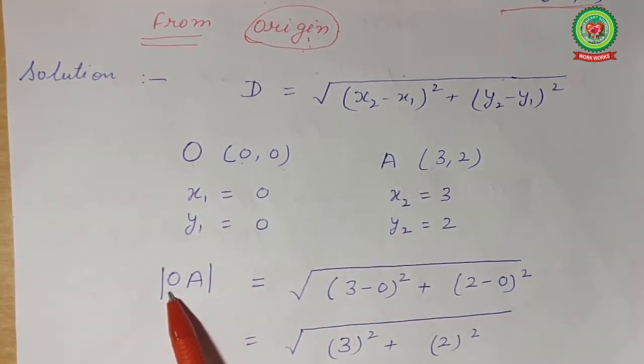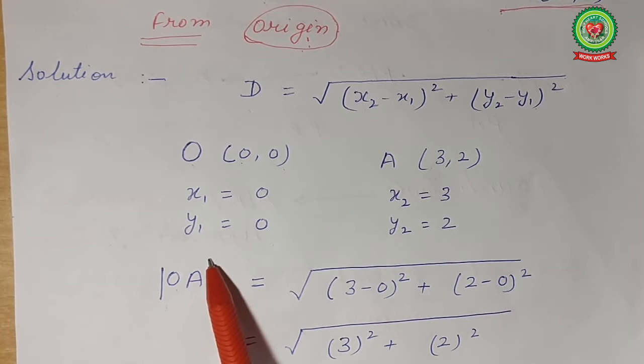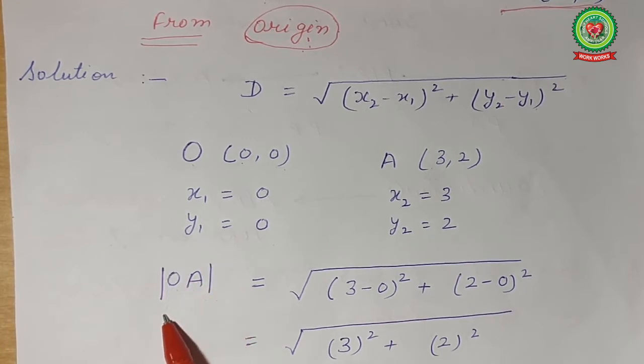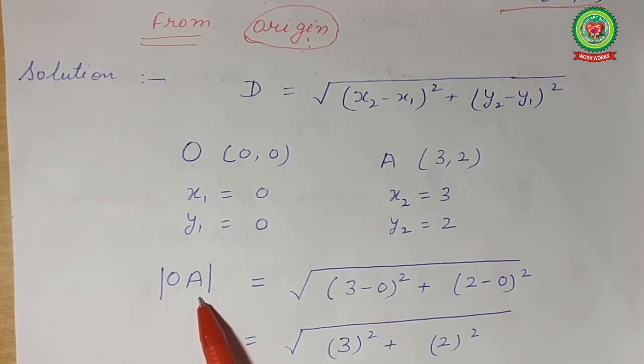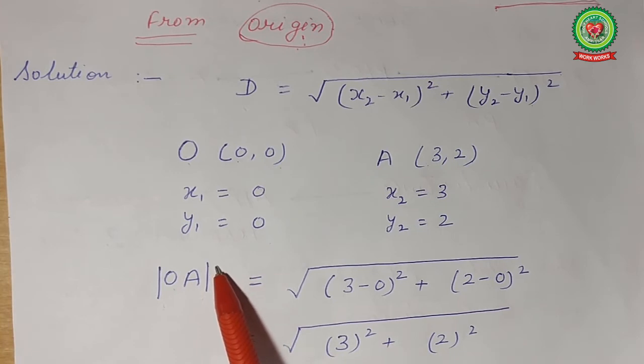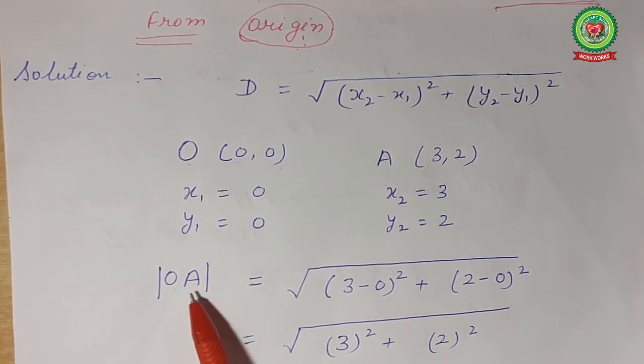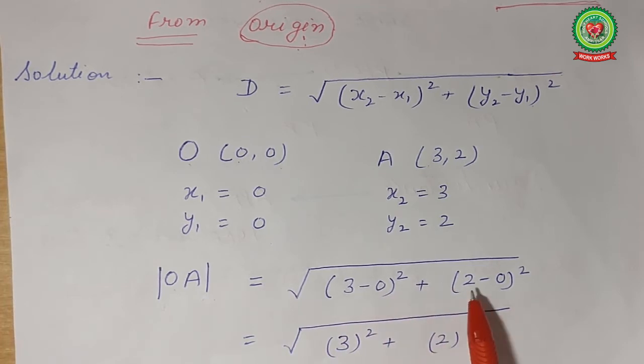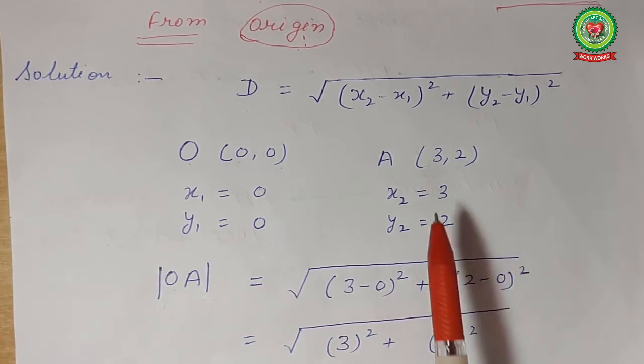It is represented as OA. We also represent it with this modulus symbol, because this symbol always gives a positive result. It is known as the modulus value or absolute value, because distance is always positive. OA is equal to the square root of 3 minus 0 whole square plus 2 minus 0 whole square.